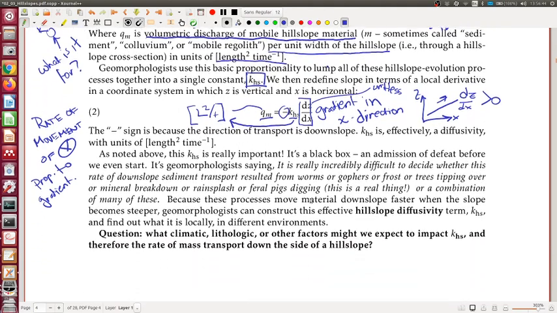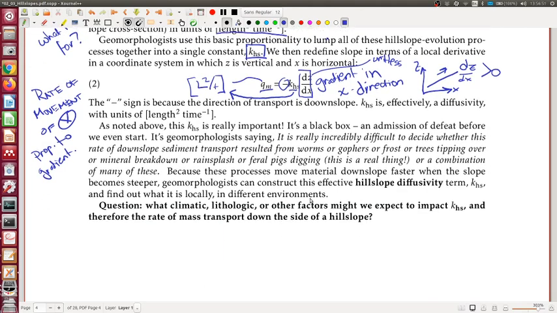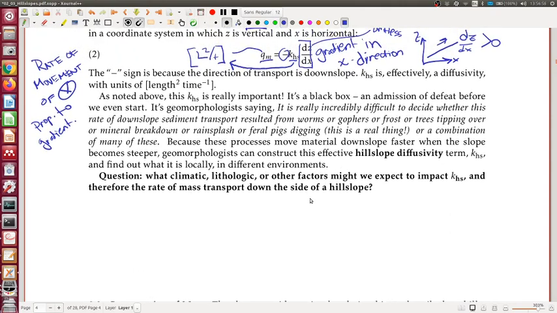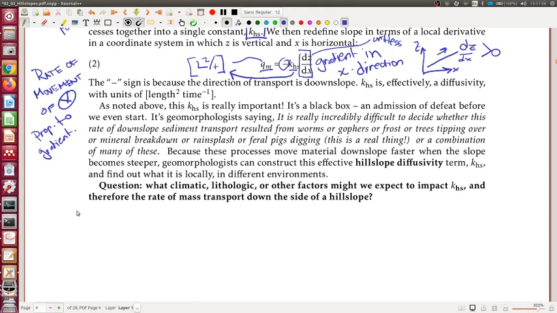And so this K sub HS is a super important black box term that lumps together a bunch of different processes. So let's just think quickly. Scroll up here so we can get this box into view as well as the equation about what things might affect it. So K sub HS goes up with, let's think, maybe storminess, right?